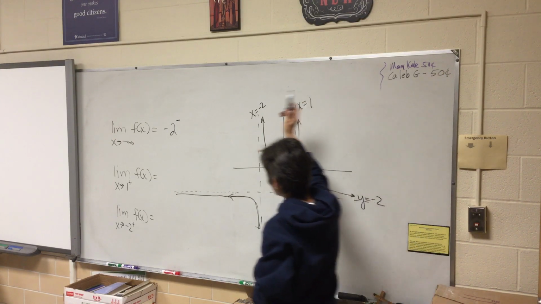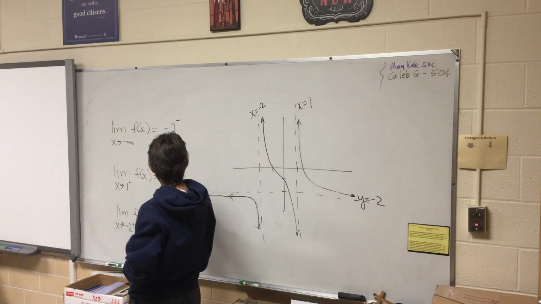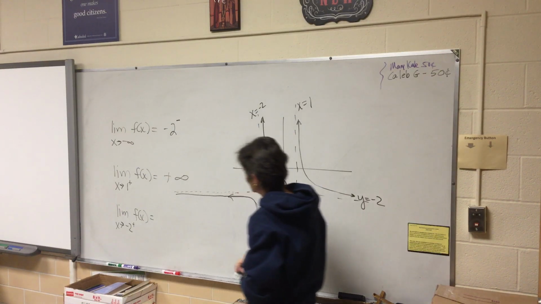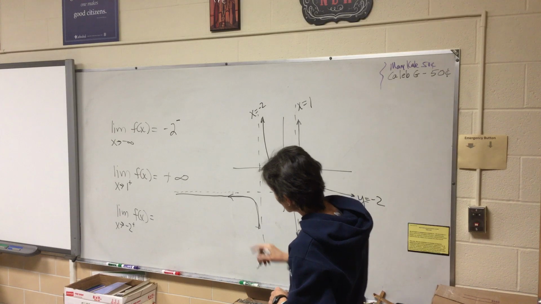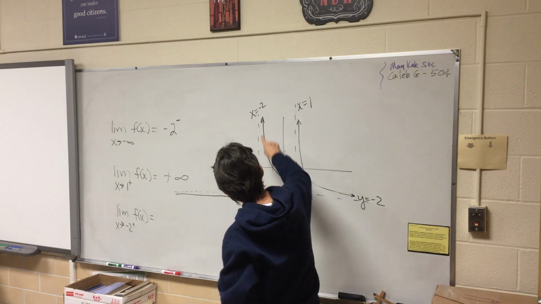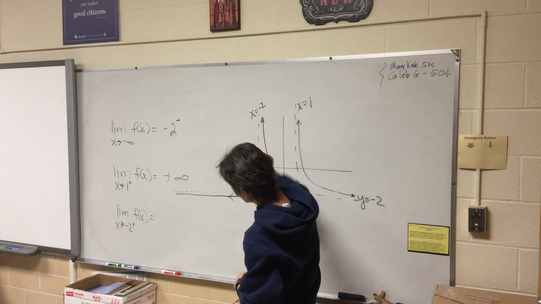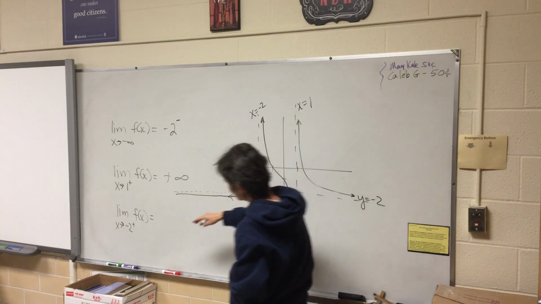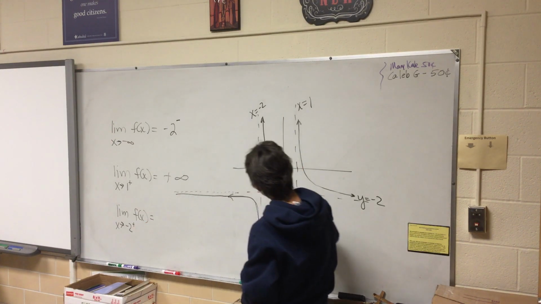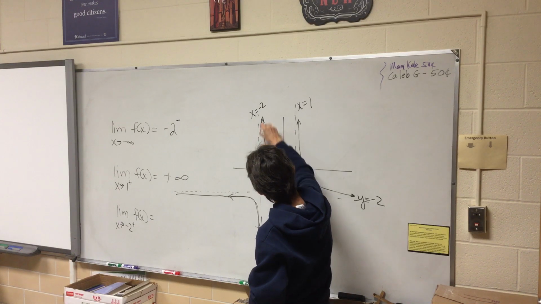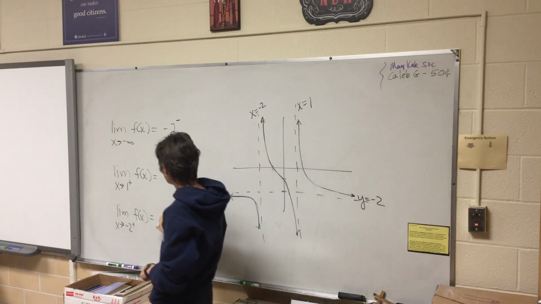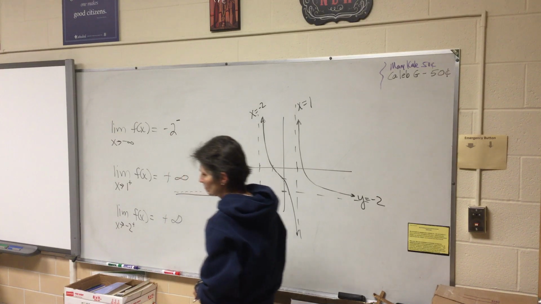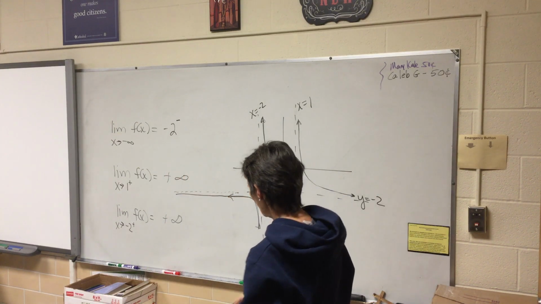You're going up. Positive infinity. Yep. Same thing with that one, only now I'm looking at this asymptote, negative 2. But I'm still coming at it from the right side. So what am I doing? Positive infinity. Yep. Okay. That's all I have. Thank you. You're welcome.